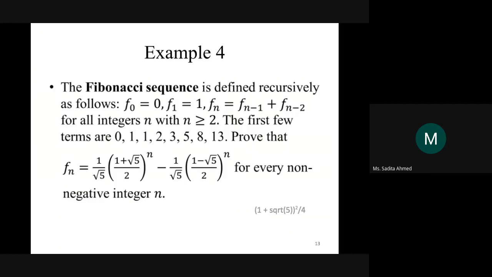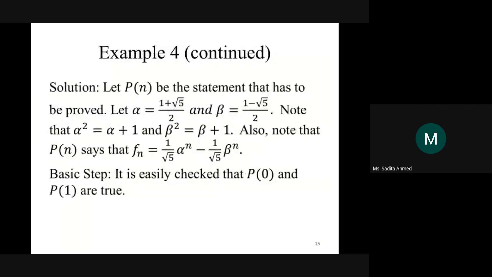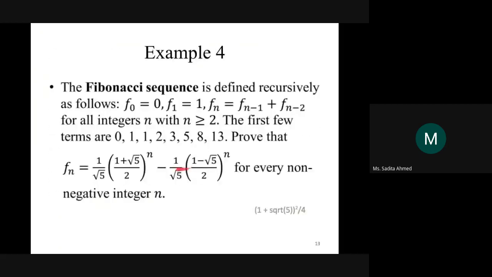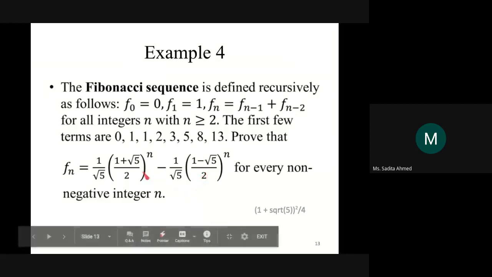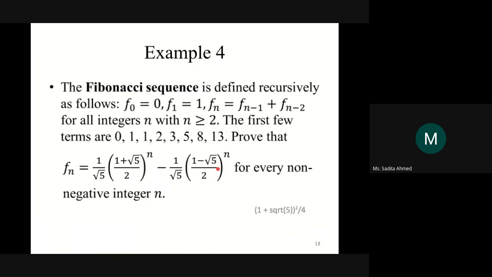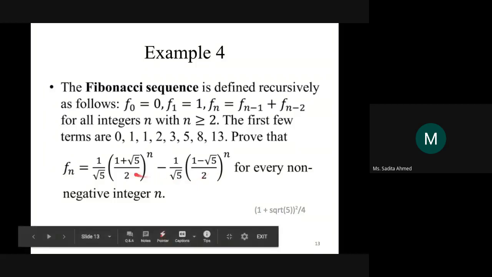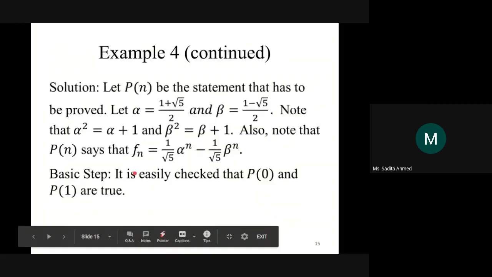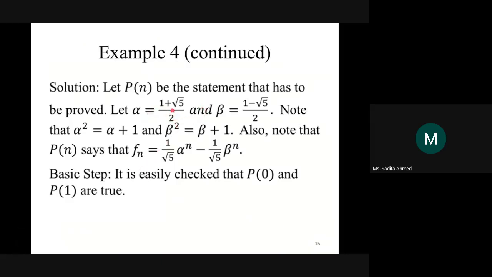Before we get to that, we'll represent these constants, 1 plus square root of 5 by 2 and 1 minus square root of 5 by 2, using some specific name. It's not a variable, it's a constant. But here, we will use alpha and beta to represent the constants 1 plus square root of 5 by 2 and 1 minus square root of 5 by 2 respectively, all right?